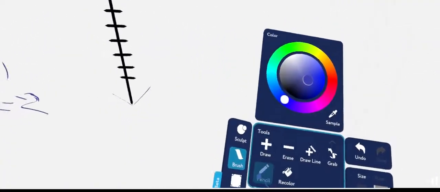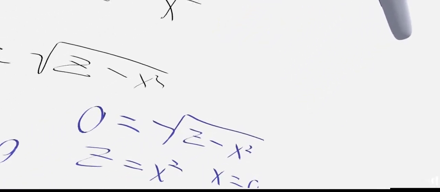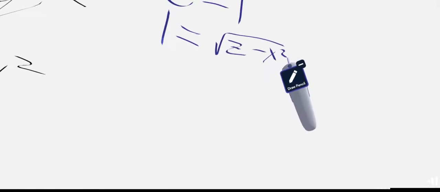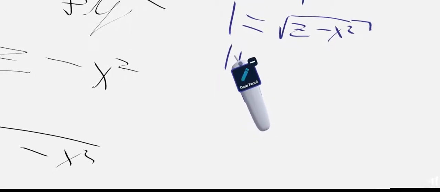So that's that one. Let's go over here and write, it can still be over here. Let's do c equals 1. That was just c equals 0. So 1 is equal to the square root of z minus x squared. Now it's very similar to what we had last time, but it's going to be 1 plus x squared equals z.